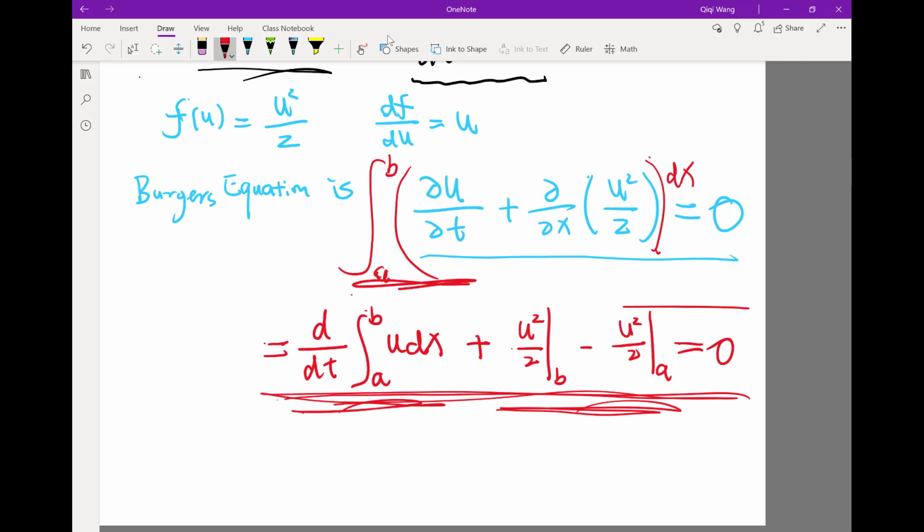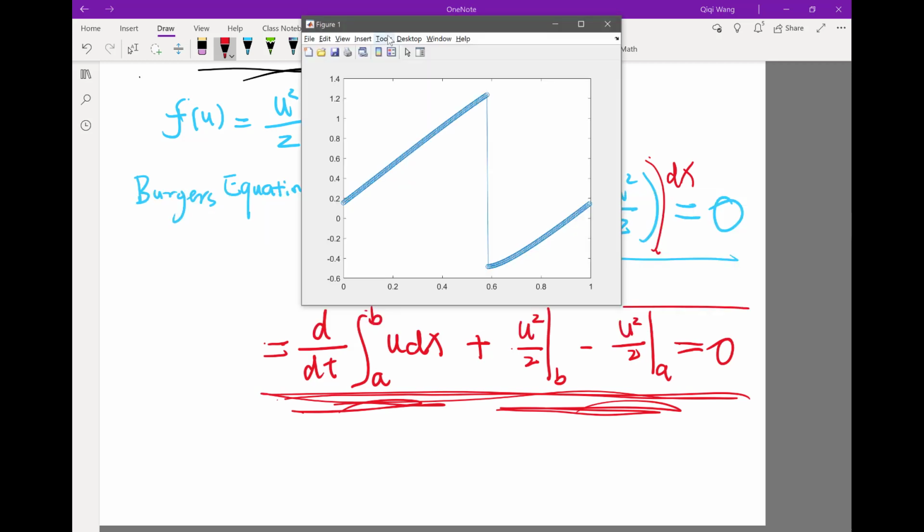Think of an example of a solution like this. If I have a shockwave that shifts towards the right, then the solution as a bivariate function is not differentiable in time when the shockwave sweeps through a particular point. The time derivative is infinity, right?